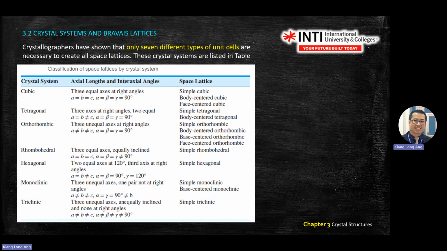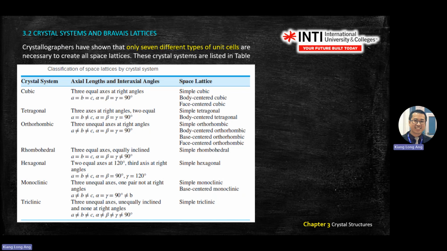First, the fundamental one: cubic. Cubic is a cube, so A equals B equals C, all sides the same, and the angles alpha, beta, gamma are all 90 degrees. So you get a cube, and the name for the crystal structure is called cubic.